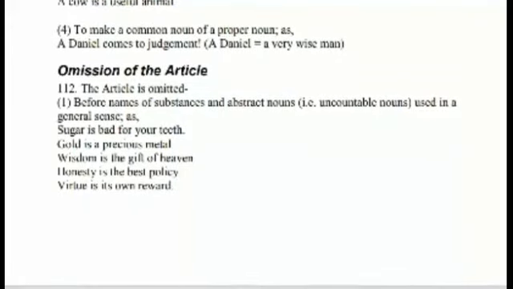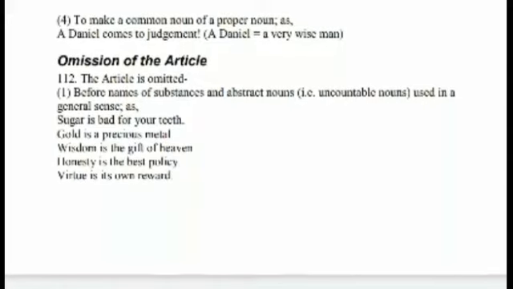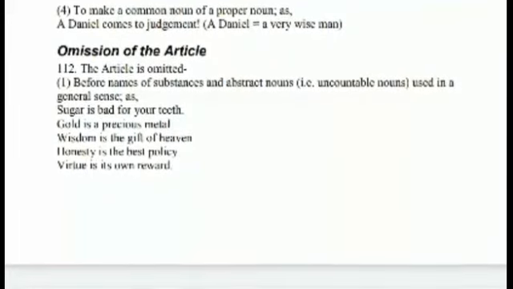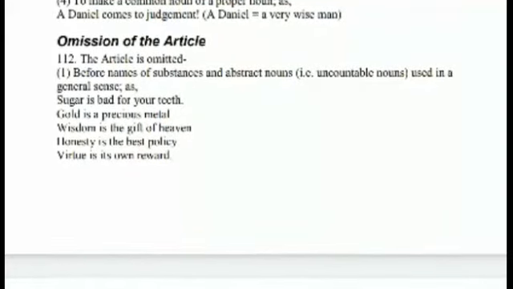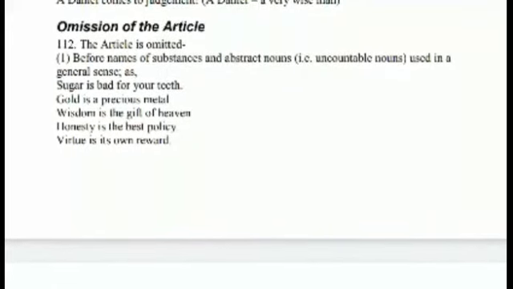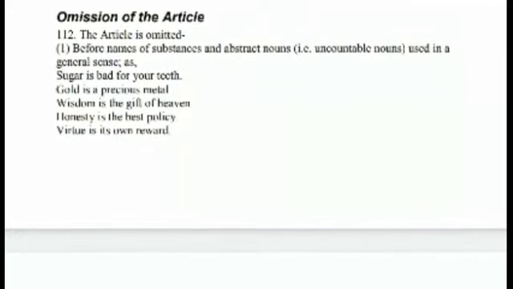Sugar is bad for our teeth. Gold is a precious metal. Wisdom is the gift of heaven. Honesty is the best policy. Virtue is its own reward. See, before all these sentences, neither a, an, or the, no article is used.